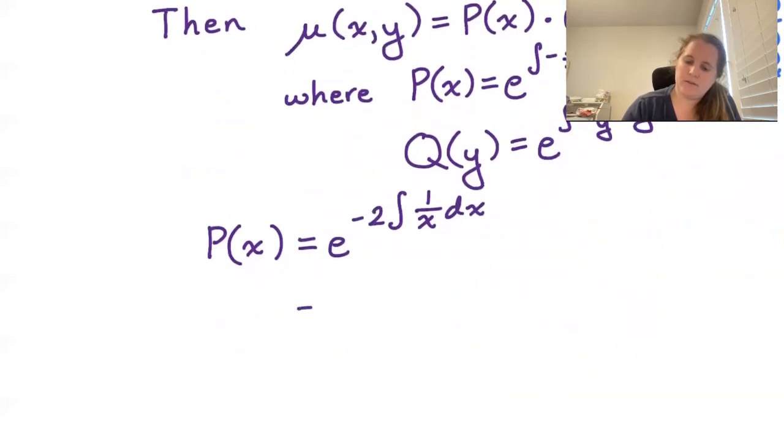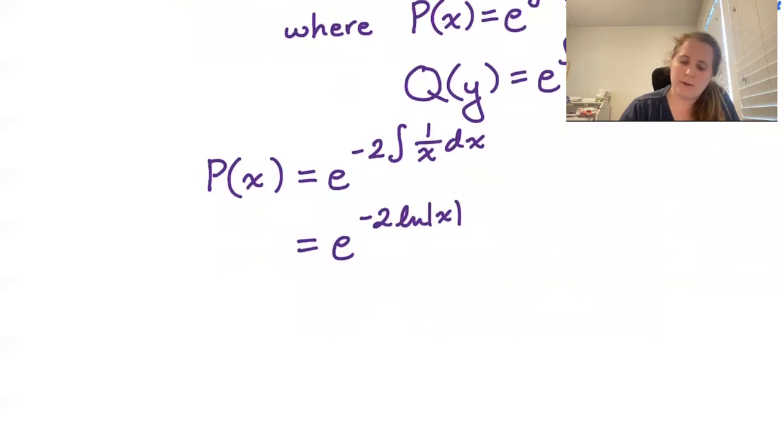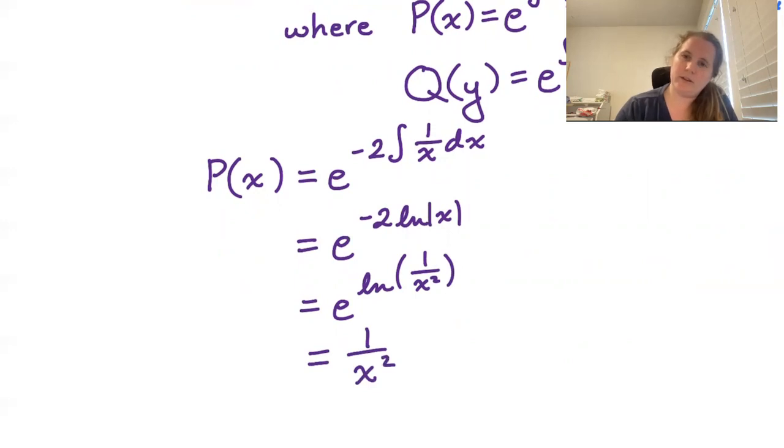So we get P of x is e to the negative 2 natural log absolute value of x. We can rewrite this as e to the natural log of 1 over x squared. And in other words, capital P of x is simply 1 over x squared. Similarly, capital Q of y is e to the negative integral of 1 over y dy.